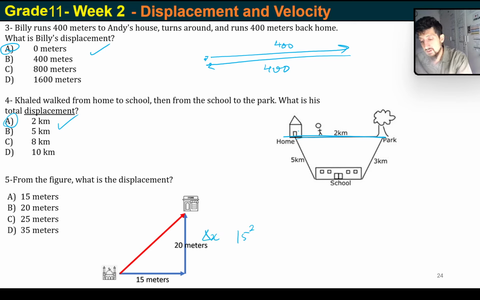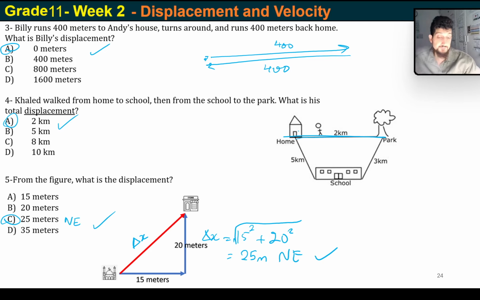Delta x, which is what we're looking for here, is going to be the square root of 15 squared plus 20 squared. 225 plus 400, so the square root of 625, and that equals 25 meters northeast. Don't forget the direction, okay? So what is displacement? 25 meters. It's missing the northeast. It should have a direction.